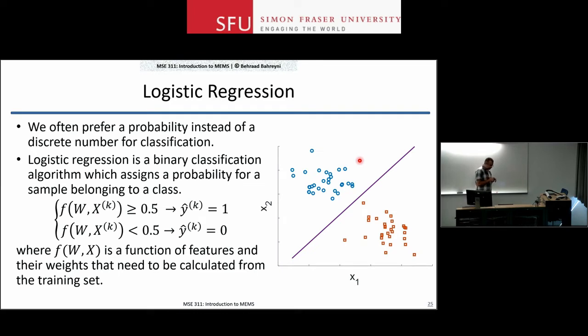For example, if your data point lies really close to the line that separates the two classes, there is a chance that it may be wrongly classified, right? So I would like my algorithm to tell me that I give this data point, let's say, a 40% chance of being in this class.